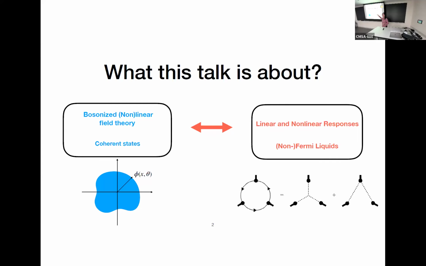Although we will focus on the Fermi liquid problem here, in the future, for conventional methods with loop diagrams, this can dramatically reduce the calculation, and we might be able to understand those problems much better.